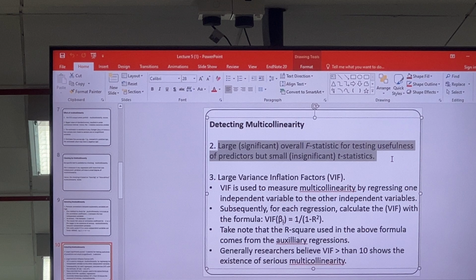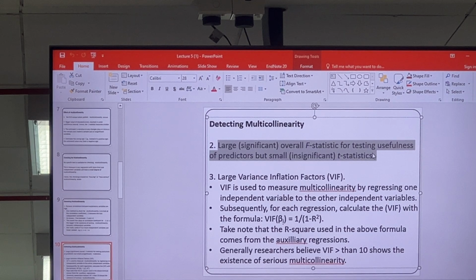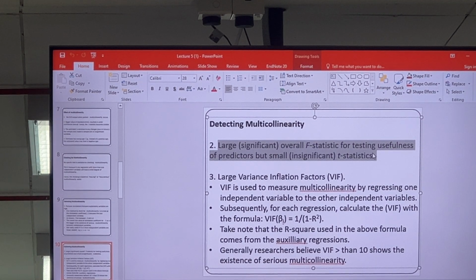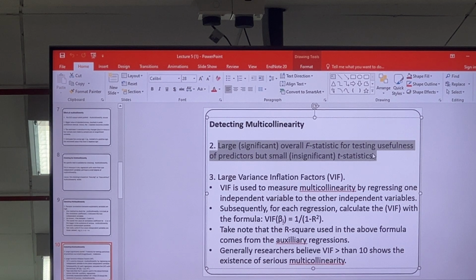And then another way to check is by looking at the VIF, the variance inflation factors. If the value of the VIF is large, then it indicates the presence of a serious multicollinearity problem. The variance inflation factor (VIF) is used to measure multicollinearity by regressing one independent variable on the other independent variables.